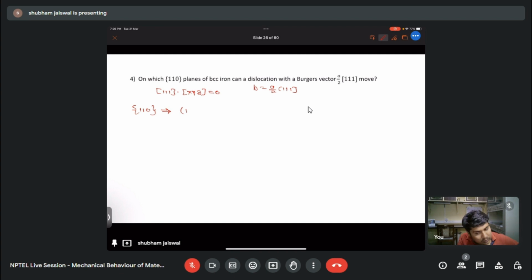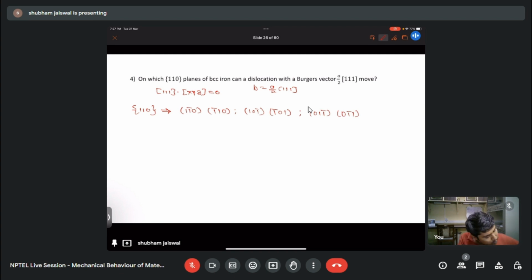That is (1 1bar 0), (1bar 1 0). Then we have (1 0 1bar) or (1bar 0 1). Similarly, we have (0 1 1bar) or (0 1bar 1).